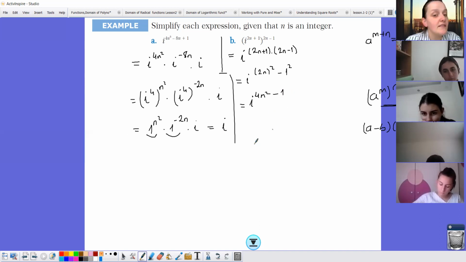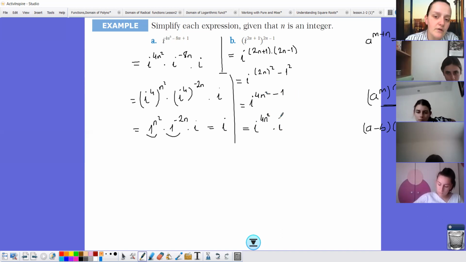This is the power. Now again, what I did here, I separated the powers. Also here, I will do the same thing. I will have i to the power of 4n squared times i to the power of minus 1. Did I find the 4 here? Yes. So I will write i to the power of 4n squared times i to the power of minus 1. Now what is this part?